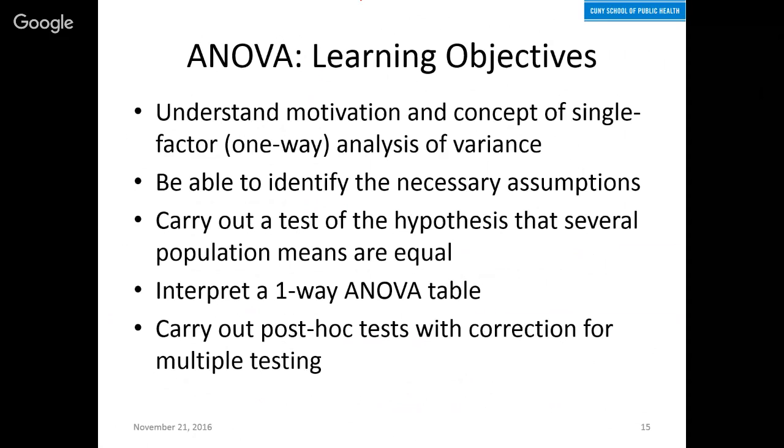Well, we're pretty close to out of time here, so I'll probably just introduce the analysis of variance to you today. This is a very general hypothesis test, and there are whole books written about analysis of variance because it covers a lot of different experimental and study designs.